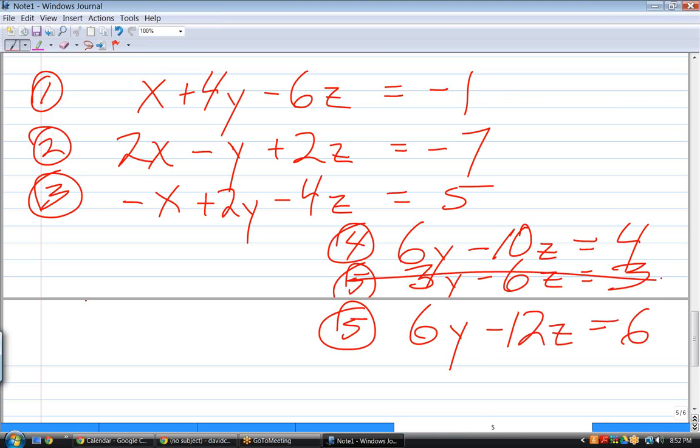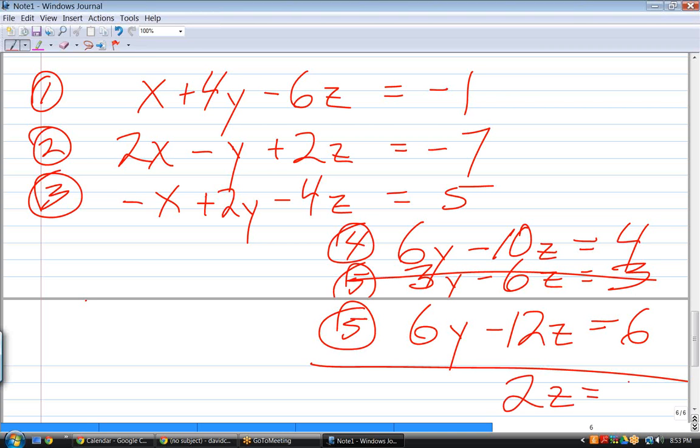Now what? Now we can subtract them. What do you get? Negative plus negative does take a positive here, and it'd be 2z equals -2. So z equals -1.